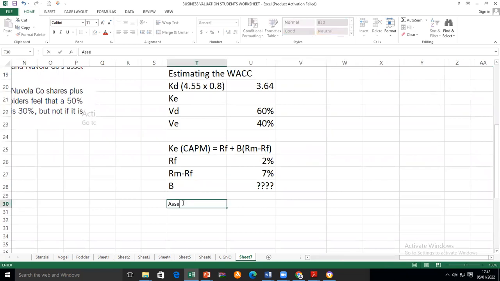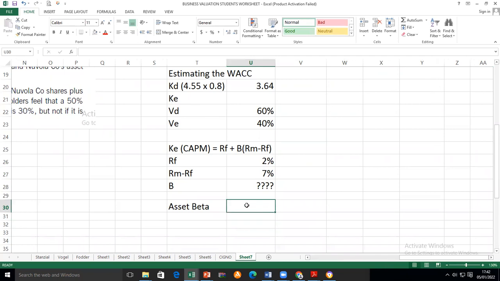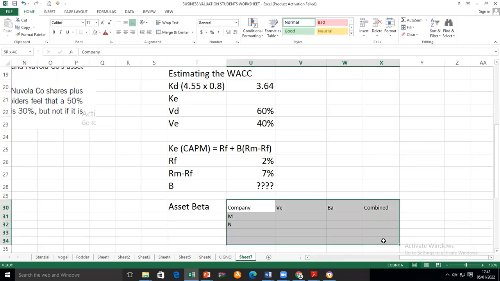So you go, my asset beta, you go to your companies, M and N, market values, we have them. Asset betas, we have them, and we have the combined. Okay, there we go.